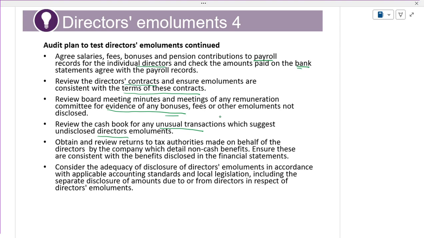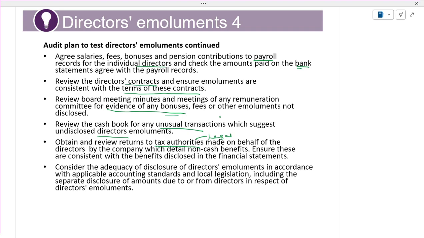Obtain and review returns to tax authorities. It is a legal document because they have to pay taxes. There will be some taxable benefits and some non-taxable benefits. Check whether they have paid tax on the taxable benefits or not.